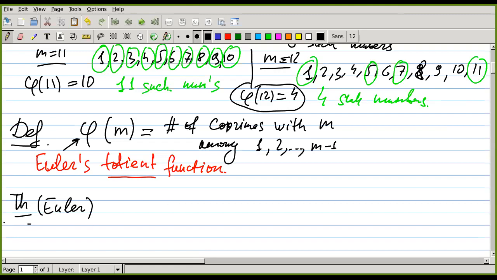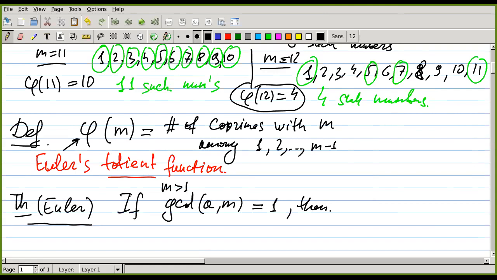So this theorem by Euler states that if we have some number a, which is co-prime to our modulus m, and we assume that m is greater than 1, then a to the power phi of m is congruent to 1 modulo m.